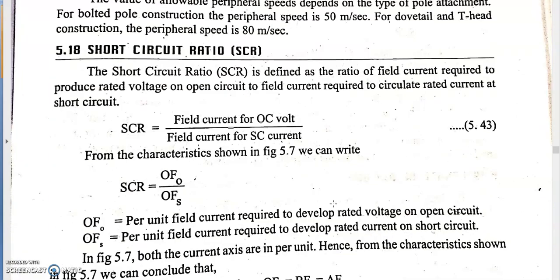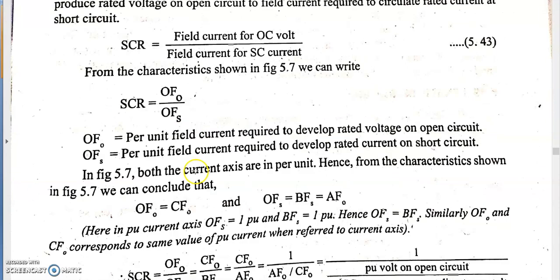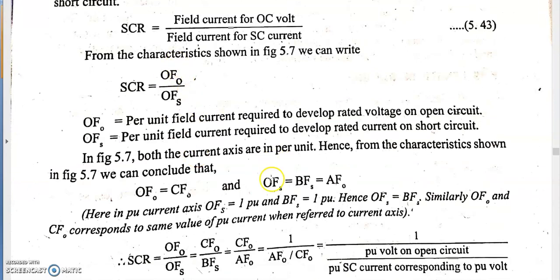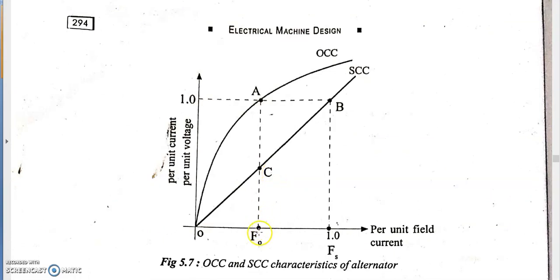The next parameter is the short circuit ratio. The short circuit ratio is the ratio between the field current required to circulate the rated voltage on no load condition, and the field current required to circulate the rated current under short circuited condition. This is shown in the no load characteristics curve, or open circuit characteristics curve, and the short circuit characteristics curve of a synchronous machine or alternator.